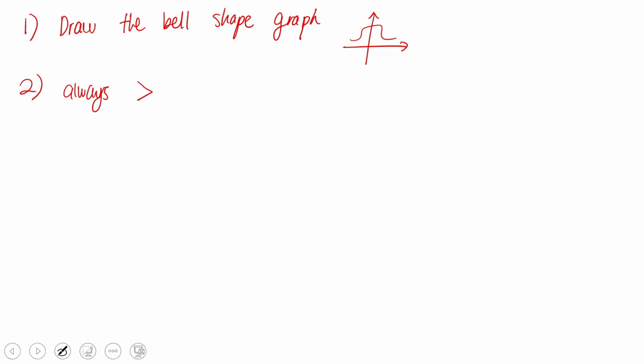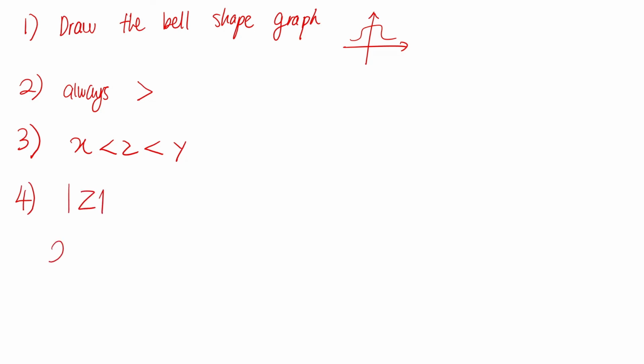Third step, what do we do? For the range, remember, the smaller number must go in front. The smaller number goes in front, the bigger number goes behind. Then for modulus, when you see a modulus, remember you get 2P(Z greater than something).